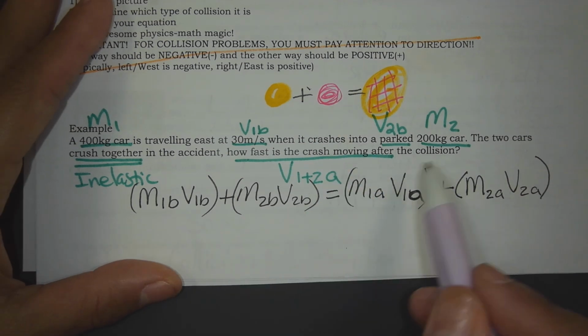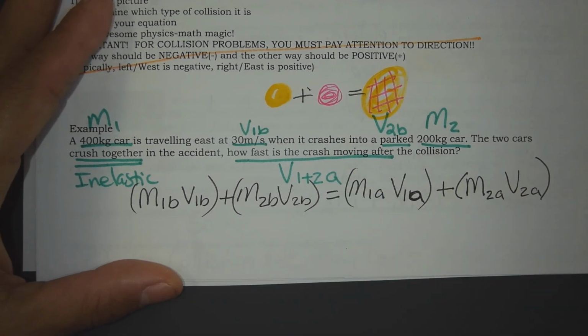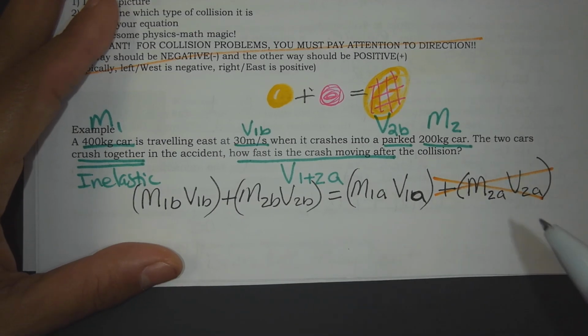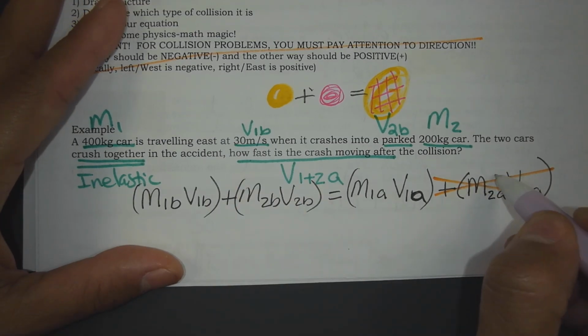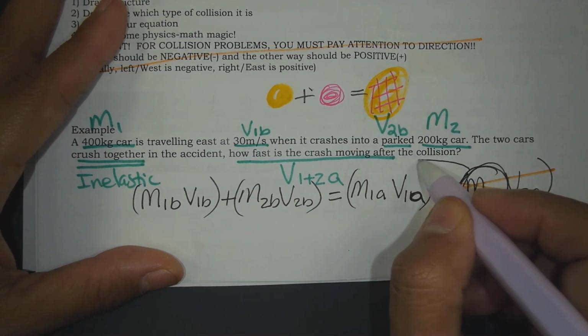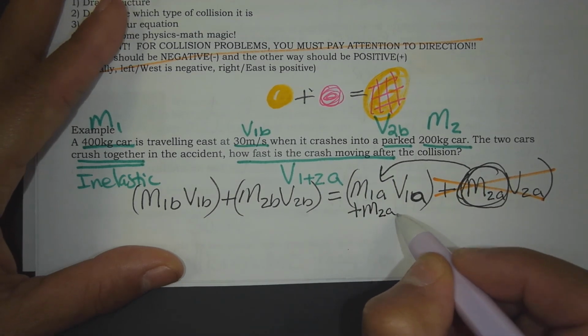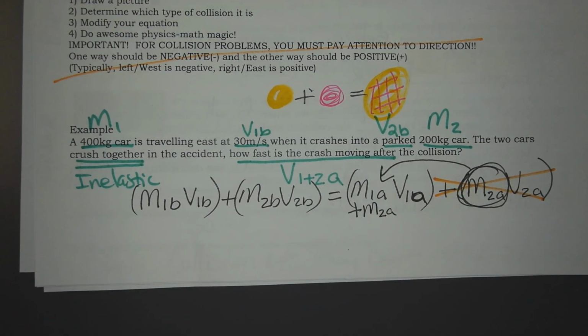So I need to get rid of something over here on the right side. What part? I don't care. So I got rid of that, but what I cannot get rid of is the mass. This mass is going to come over here, and I'm going to say plus M2. And remember, the mass before is the same mass after the collision.